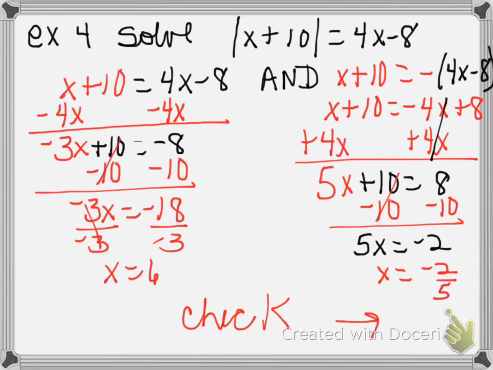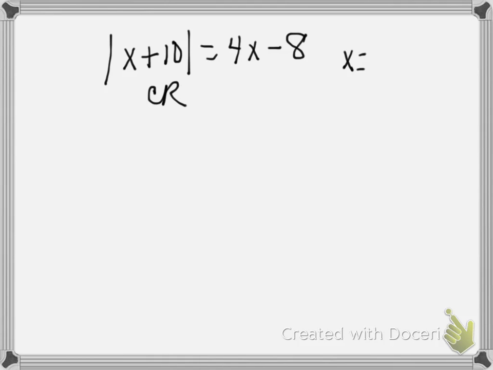Okay, so let's go on to the next panel, and I'm going to check these two solutions. So I'm going to write the original problem back up. And we solved x was equal to 6 and x was equal to negative 2/5.